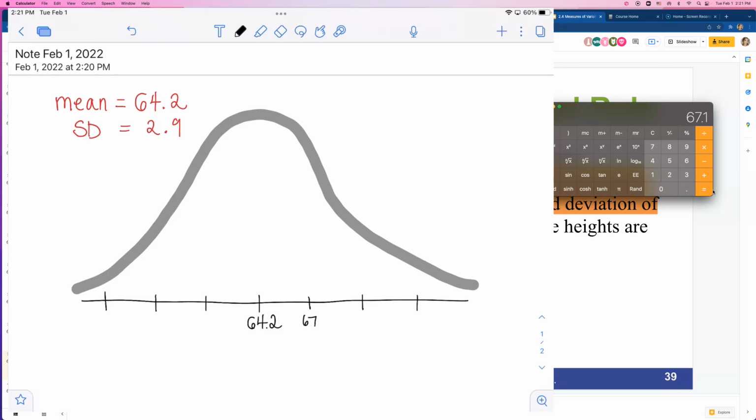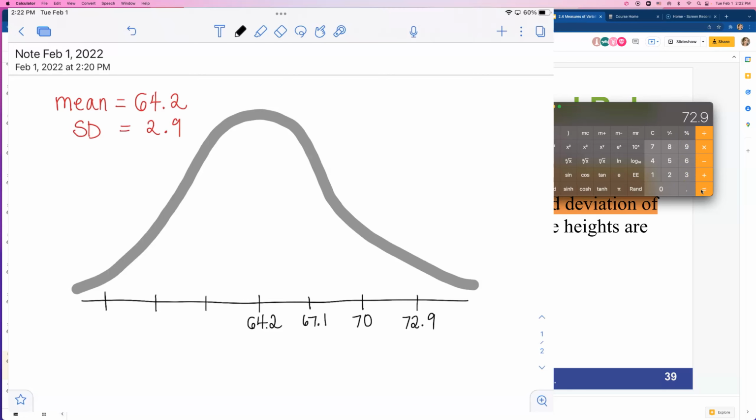So that's how you make your number line using the standard deviation. Now I need to add another 2.9 plus another 2.9. So that's 70 here. And I do another 2.9, so 72.9. So when do you stop?